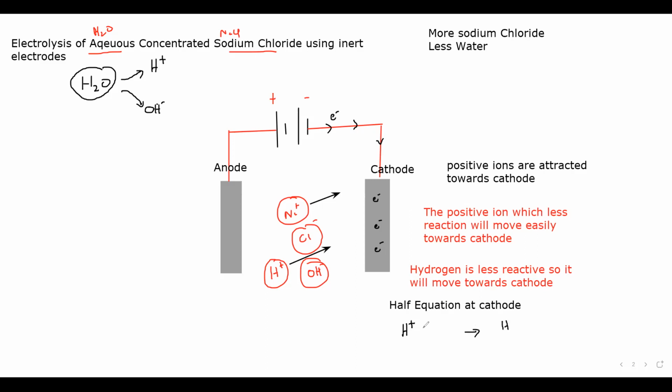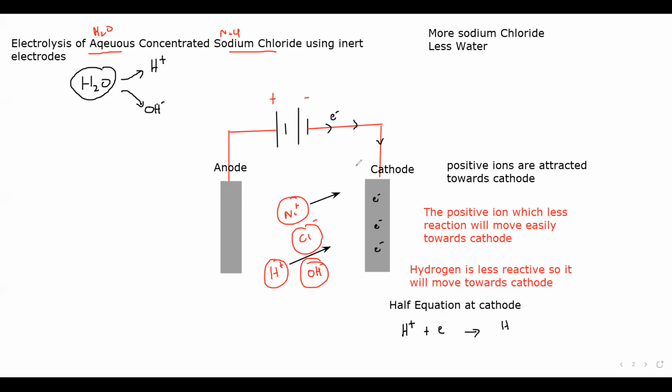So how many electrons should this hydrogen ion gain to turn back into an atom? It is plus 1. If it is written plus 1, it should gain 1 electron, because the charge represents the number of electrons gained. So if it is plus 1, it should gain 1 electron and change into a hydrogen atom.